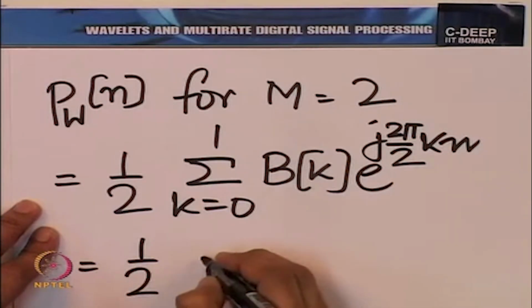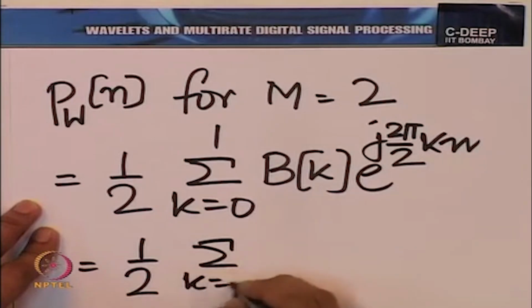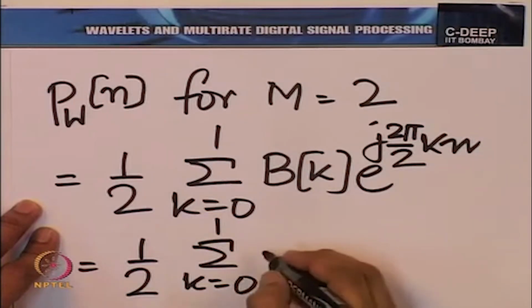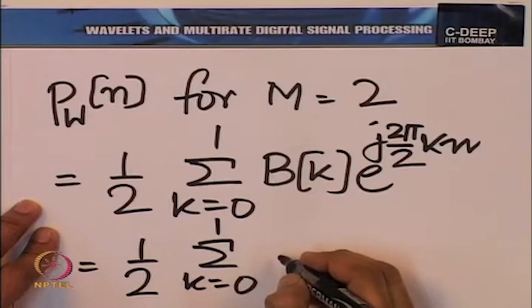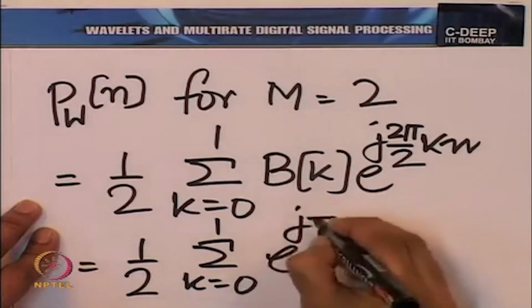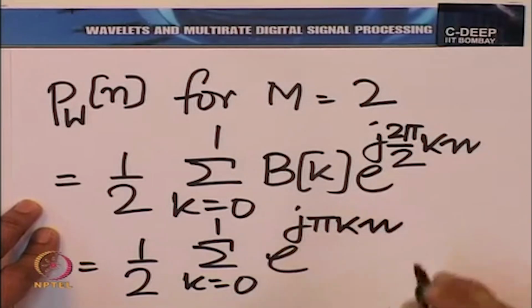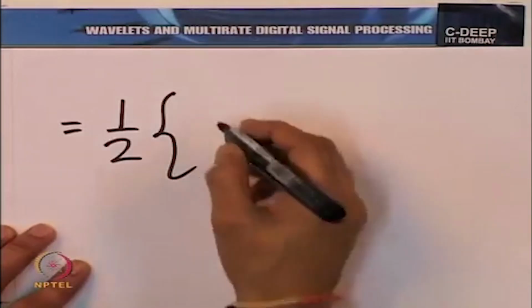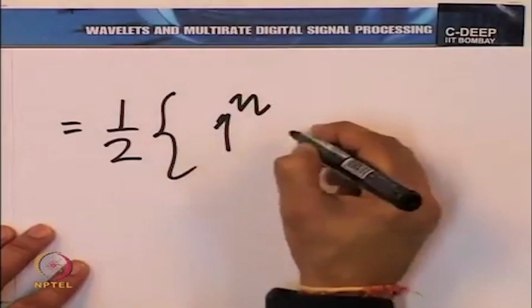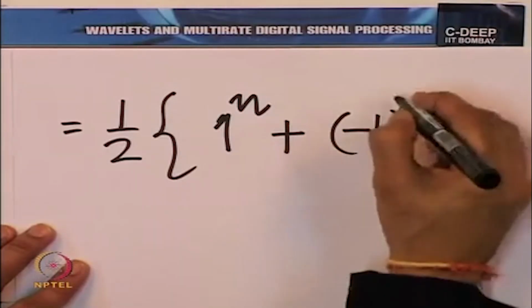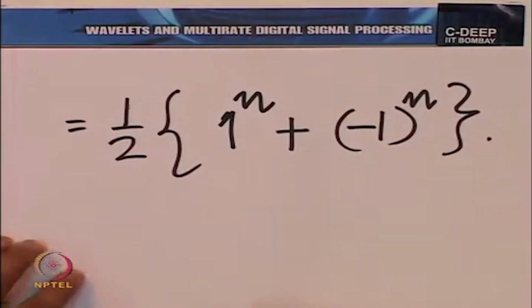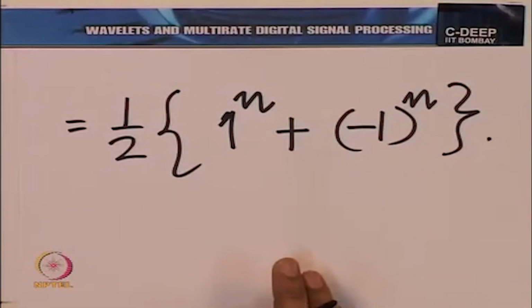That is half, summation k going from 0 to 1, e raised to the power j 2 pi by 2 is j pi k n. So, let us expand it explicitly. That is half. With k equal to 0, it is 1 raised to the power of n plus minus 1 raised to the power of n. And now, we are well set. In fact, we are almost there.